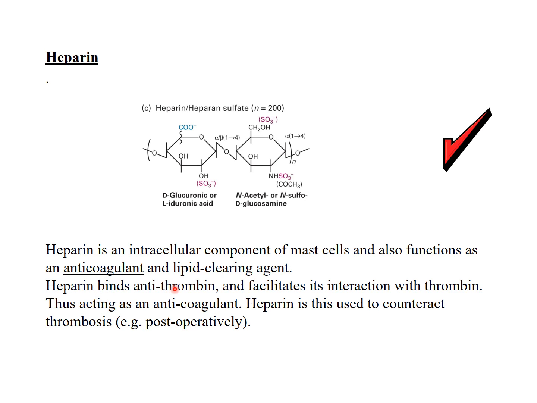Heparin binds to antithrombin, actually it is antithrombin 3, and antithrombin is an inhibitor of thrombin, which is a coagulation factor which actually determines how much fibrin will be produced and how quickly coagulation can happen.